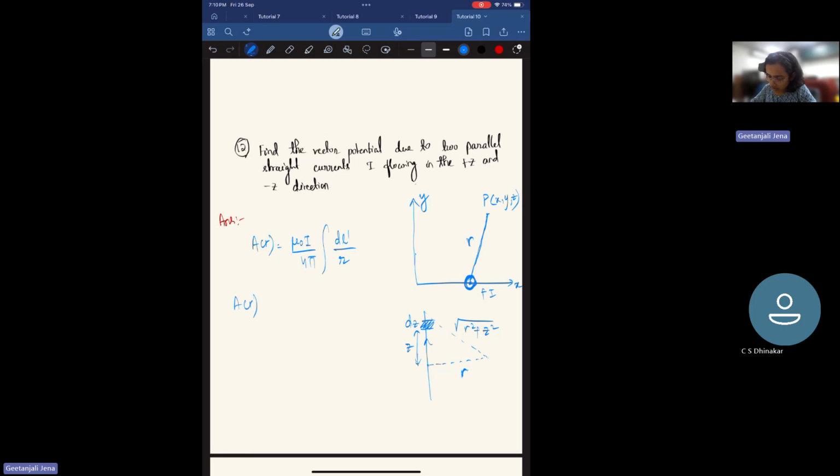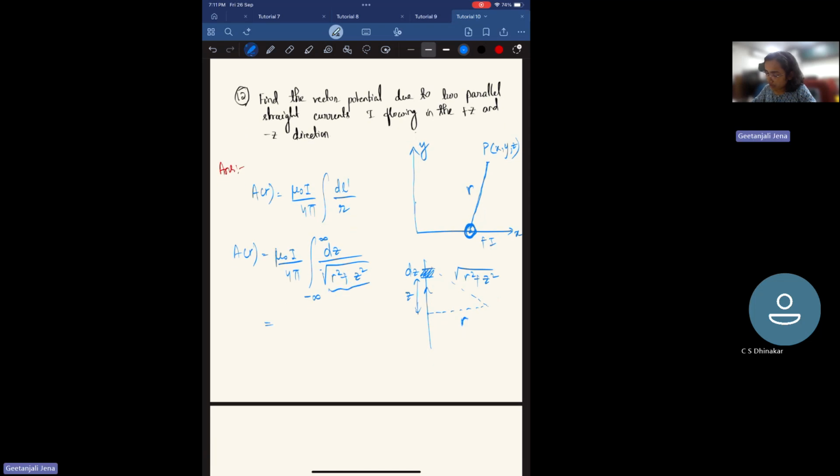So A is now mu naught I by 4 pi ∫dz over square root of r squared plus z squared, from minus infinity to infinity.